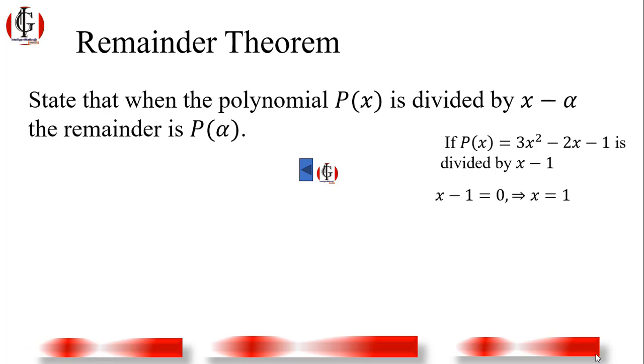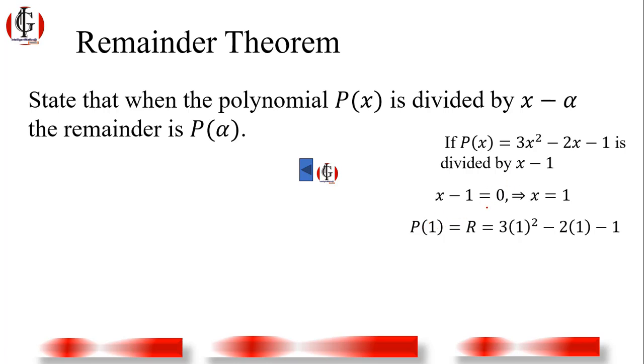And if x equals 1, I can substitute it back into the polynomial to obtain the remainder. So if I put x equals 1 into the polynomial 3x squared minus 2x minus 1, what am I going to have? I'm going to have p of 1 equals the remainder.